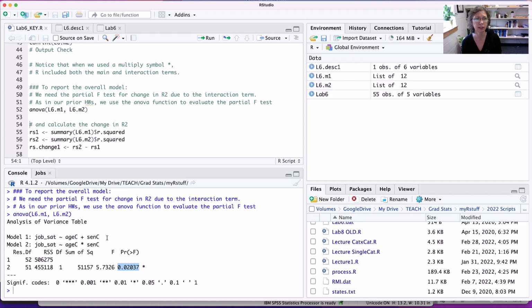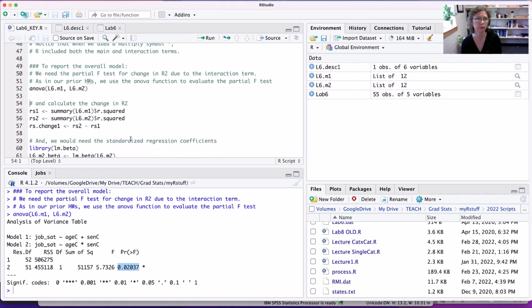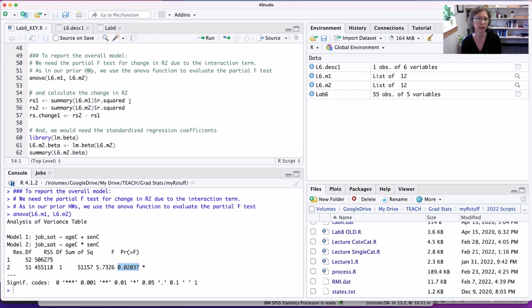What I still need is the change in R squared. Just like we did before, I can get R to calculate it for me. I can set a new item in the environment called RS1, and it's the summary of model 1, but specifically the R squared value. Then I do that same thing for model 2, and then I just tell R to subtract them.